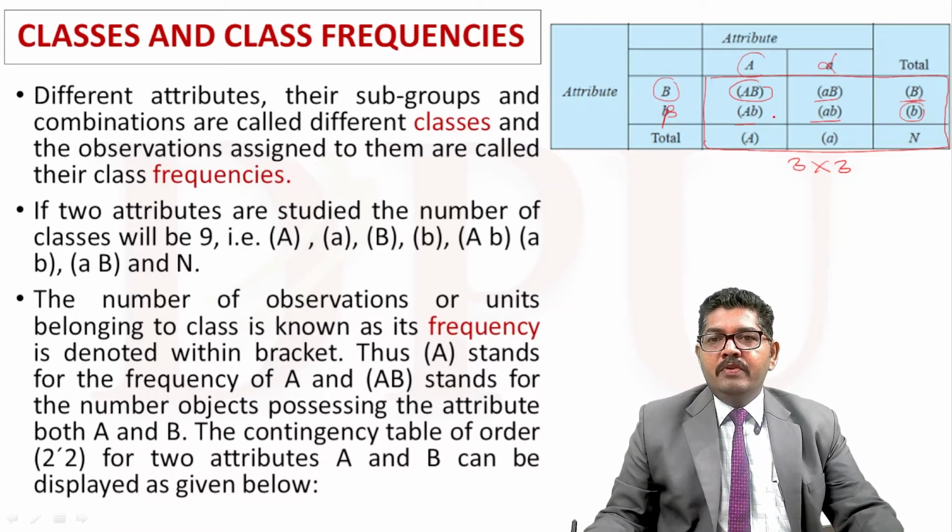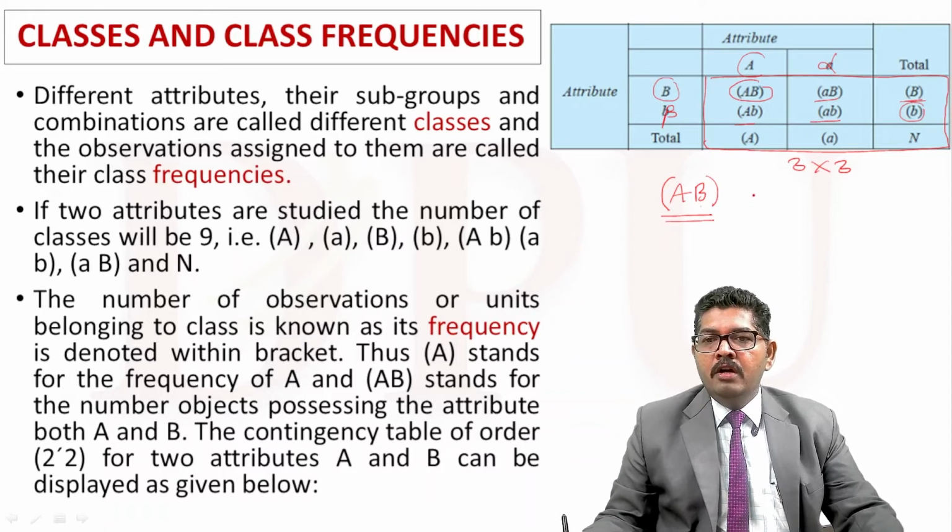When we call it AB, it means that there is presence of attribute A as well as attribute B. So both the attributes are present in this particular class AB. In the class alpha B, there will be characteristics in which attribute A is absent but attribute B is present, like this. So like this we can interpret this particular table.